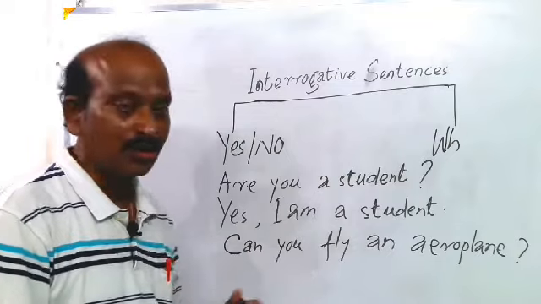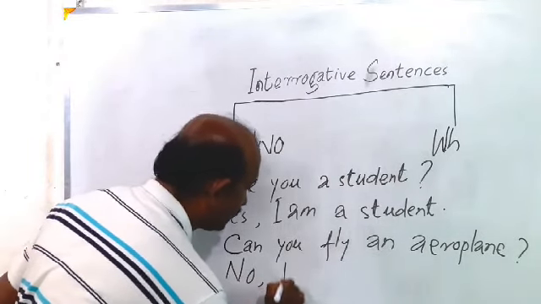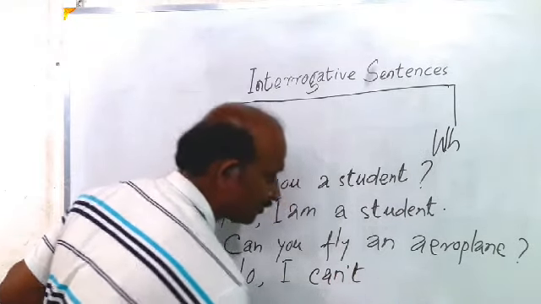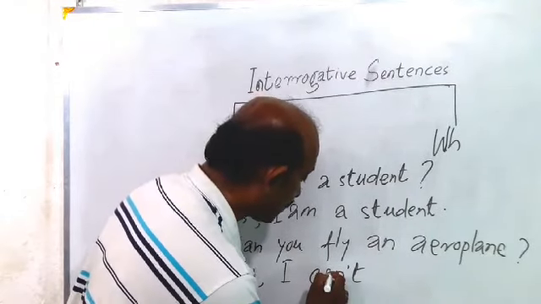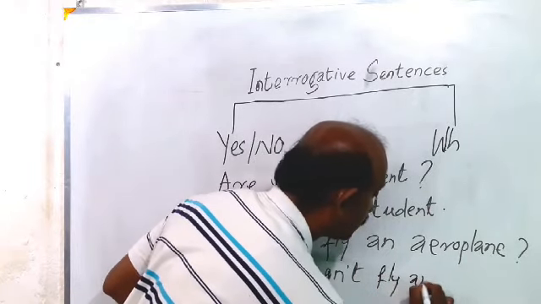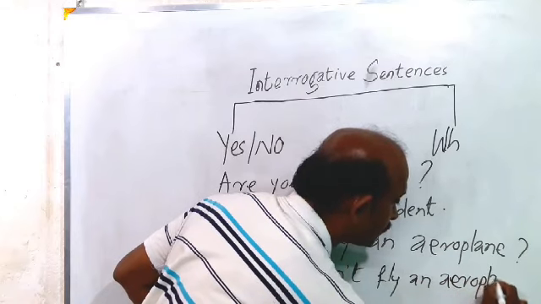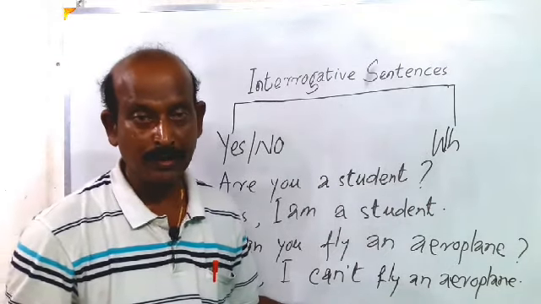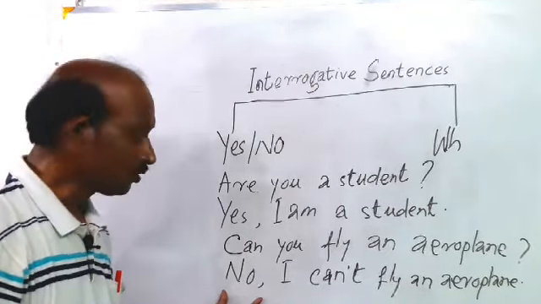You will have to give the answer, no, I cannot, or can't, which is the contracted form of cannot. No, I can't, or I cannot fly an aeroplane. No, I can't fly an aeroplane. So here we get the answer no.